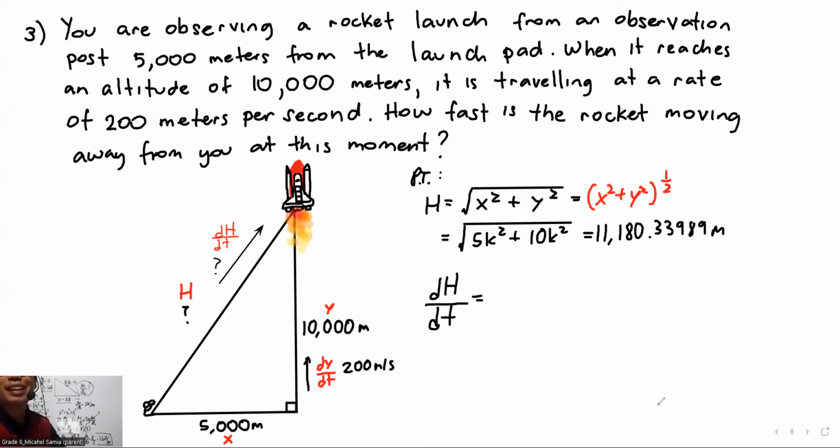You're going to try another solution by differentiating the radical: the square root of x squared plus y squared. Negative 1/2, and then the chain rule, 2x.